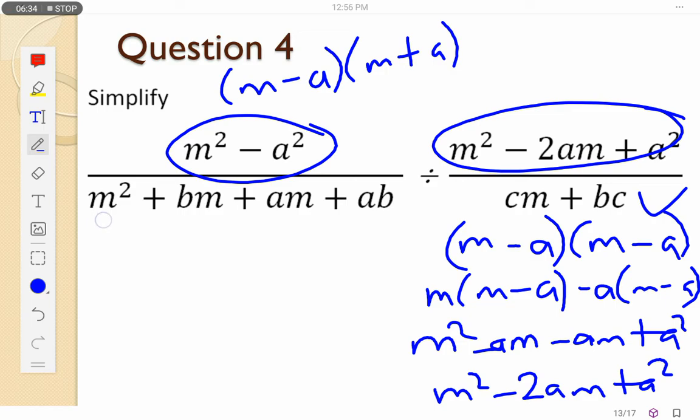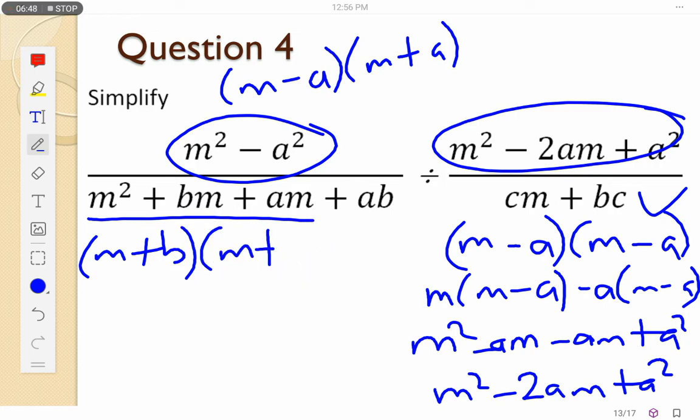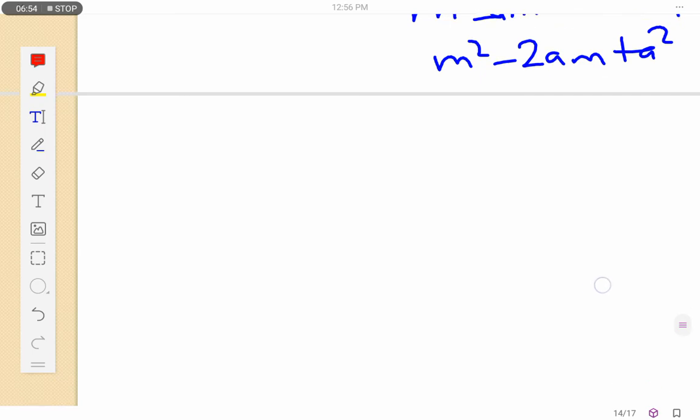So now this other part here, I can factorize and I can get m plus b and m plus a. So what you do here is you rearrange this to get this. Okay, so let's rewrite our formula using those simpler terms that we have generated.